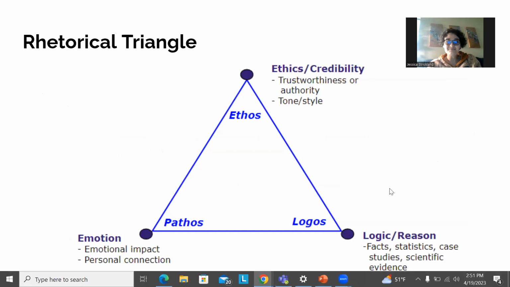Here we have the rhetorical triangle. So in rhetoric, Aristotle broke it down into 3 main parts: ethos, logos, and pathos. Ethos is your credibility as a writer. It's where you establish why you are trustworthy and why we should believe you.